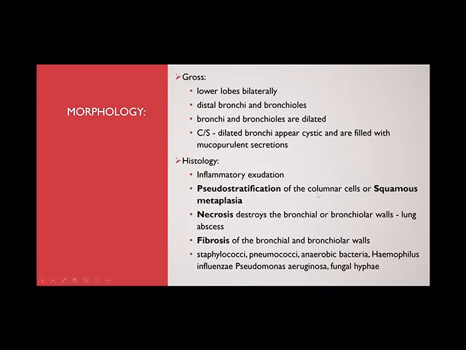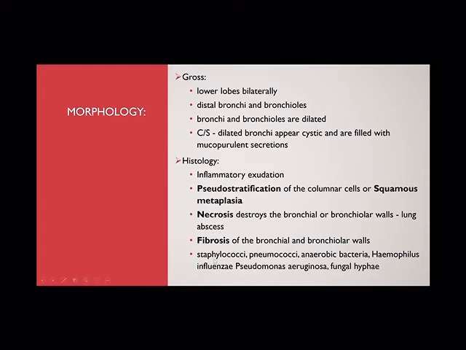And then one thing which is given in Robbins is the squamous metaplasia. The normal epithelium is actually a pseudostratified ciliated columnar epithelium, up to your respiratory bronchiole. In case of bronchiectasis, you will start having a squamous epithelium. It's a pre-malignant condition. So you will have squamous metaplasia.